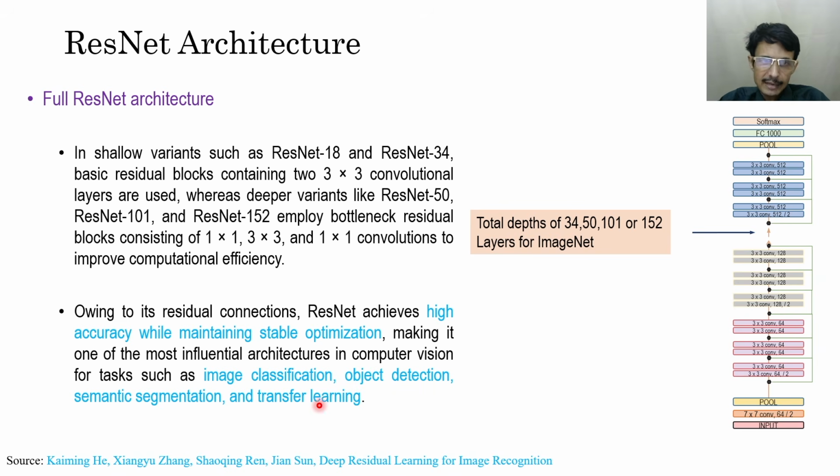Now, one thing we say for transfer learning, because this is a very important concept that will come in detail. Let's say we learn on ImageNet, which is just image classification. Can we use this network, a very deep 152 or 101 network, for a different purpose, let's say semantic segmentation or object detection?